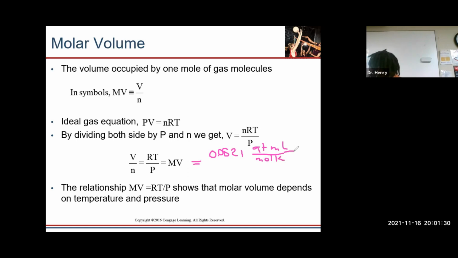Okay, temperature, 273 Kelvin. And pressure. But we have our units in atm.